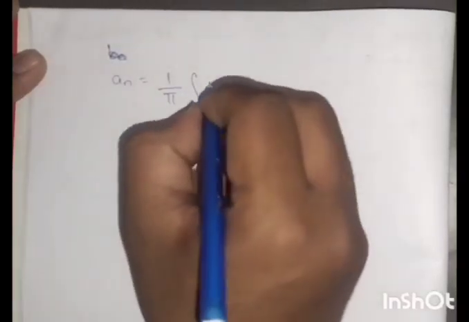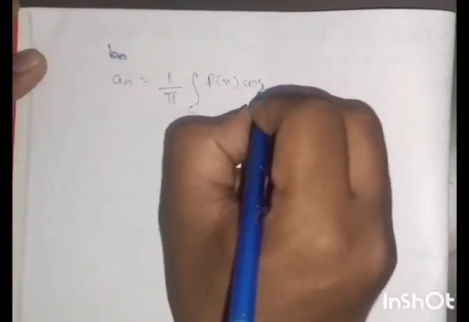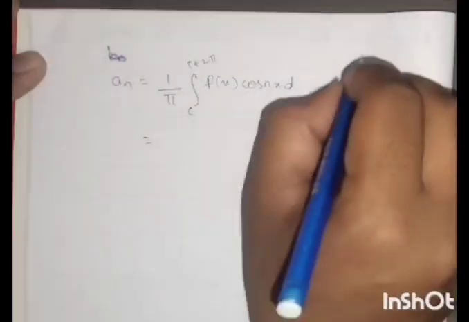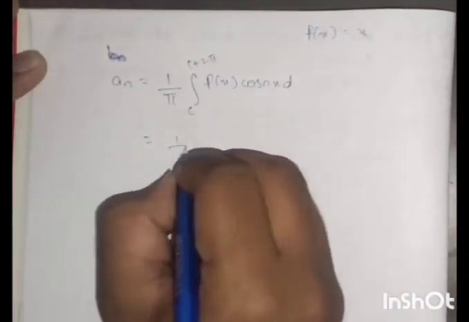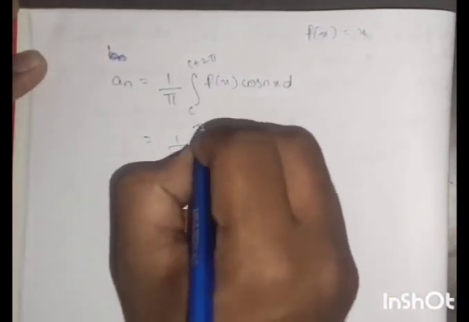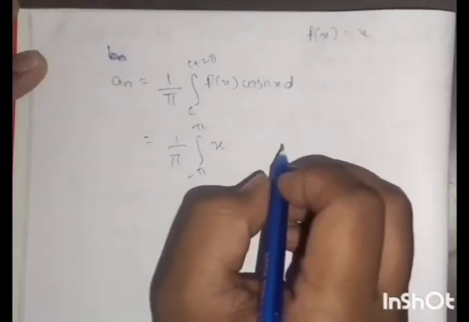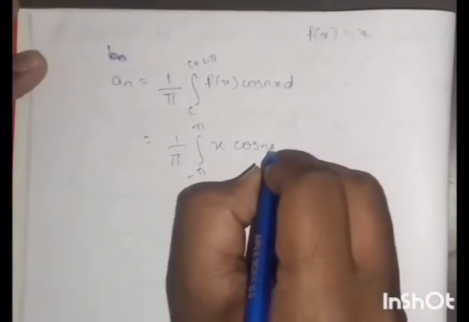Let us find an and bn. To find an, we already know the formula: 1 by pi integration of f of x cos nx dx from c to c plus 2 pi. Here f of x is x, and limits are minus pi to pi, with x cos nx dx.